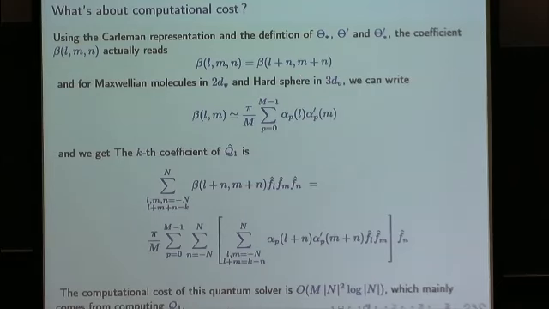And also, now, in order to get a fast algorithm, the idea is to decouple the variables in this kernel here. The idea is just that we would like to write this kernel as the sum of a product of a function of l times a function of n.